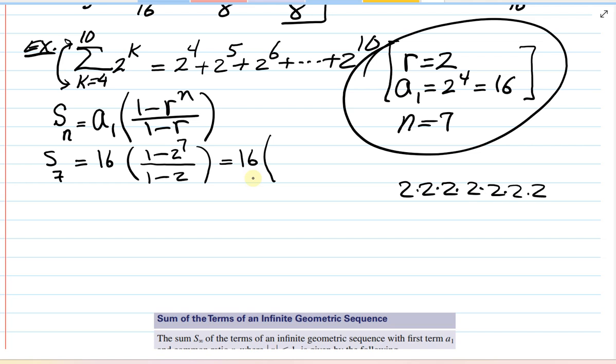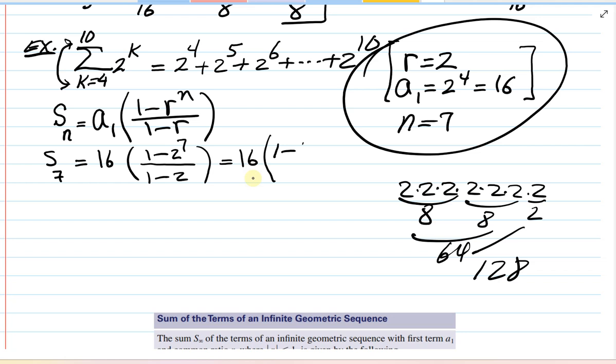Let's see, what is 2 to the 7th? 8 times 8 times 2. That's 64 times 2, 128, right? That's going to be 2 to the 7th power. 1 minus 128 over negative 1. 1 minus 128 is negative 127, divided by negative 1 is just 127.